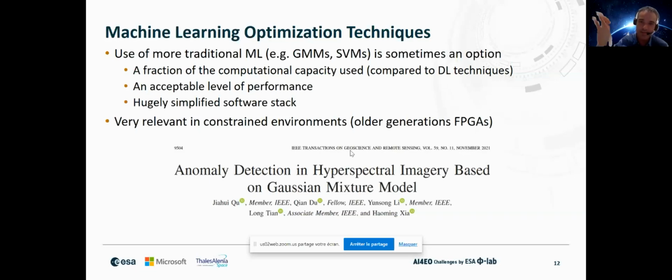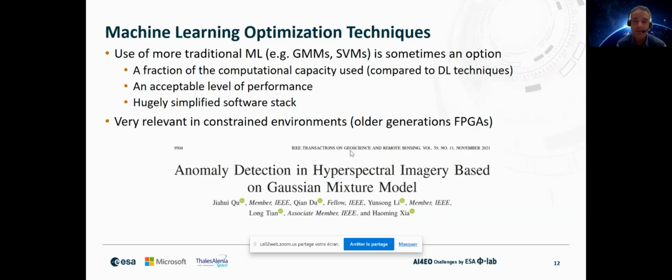We have seen the ARM A72 processor, but we also have older generation FPGAs, which can only store a few parameters, and this is where it is of high interest to just store, for example, the parameters of your Gaussian mixture model, which are basically the mean and standard deviation for each component or each dimension. It is very simple to store and manipulate. It has the advantage of simplifying the software stack.